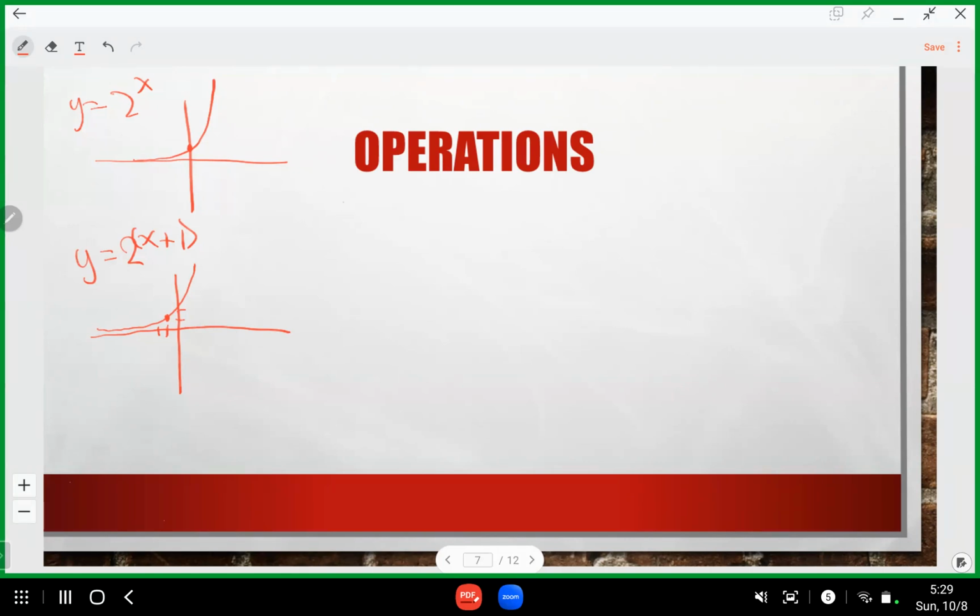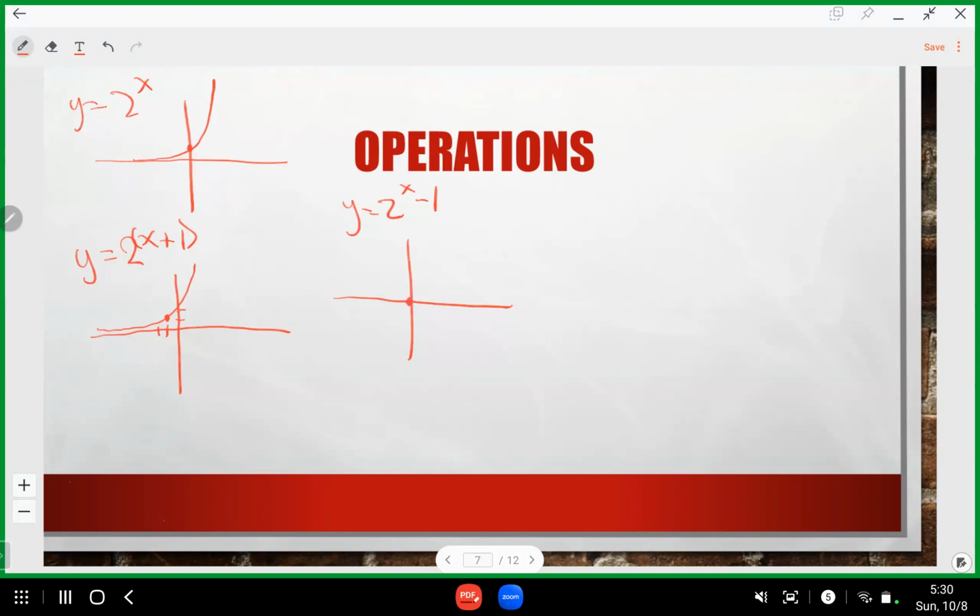Number 3 here is y is equal to 2 to the x minus 1. So what happens here is the whole graph, right? Now, the minus 1 affects the range. So this graph will move down. That also means that the reference point is moved from 0, 1 to 0, 0.